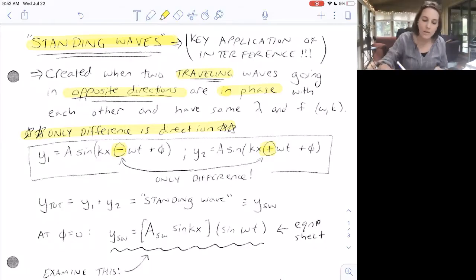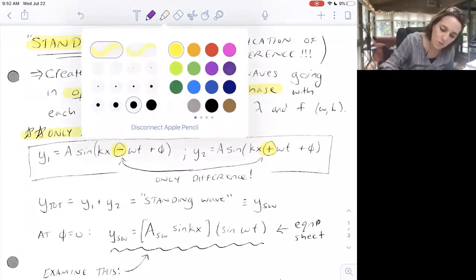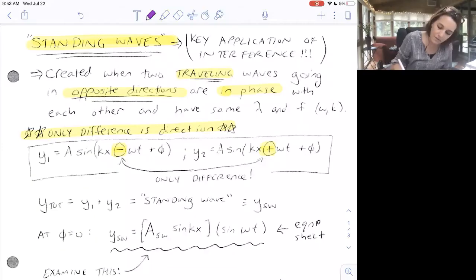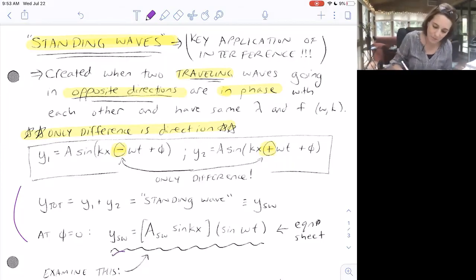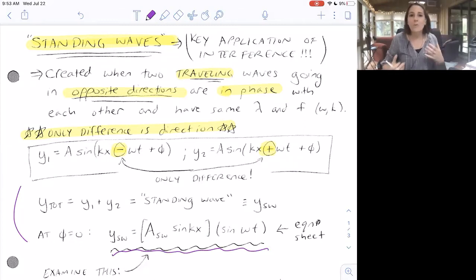What we do after this is just some fancy math that involves using one of those trig identities, what happens if you have the sine of a minus b plus the sine of a plus b, and you can simplify that result. Now, whether you write it out in its long form or the simplified version is not important.